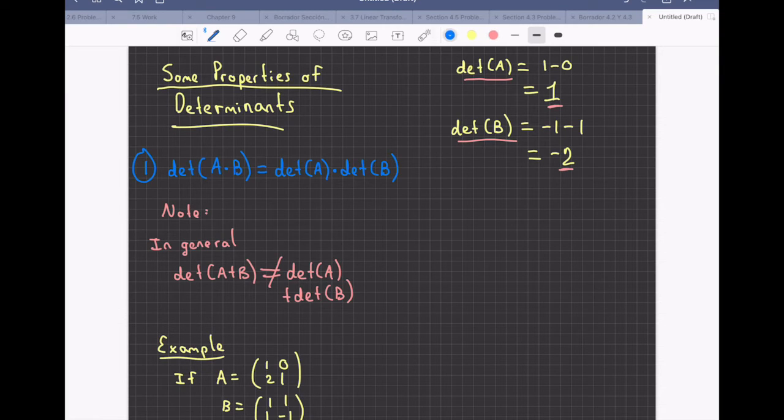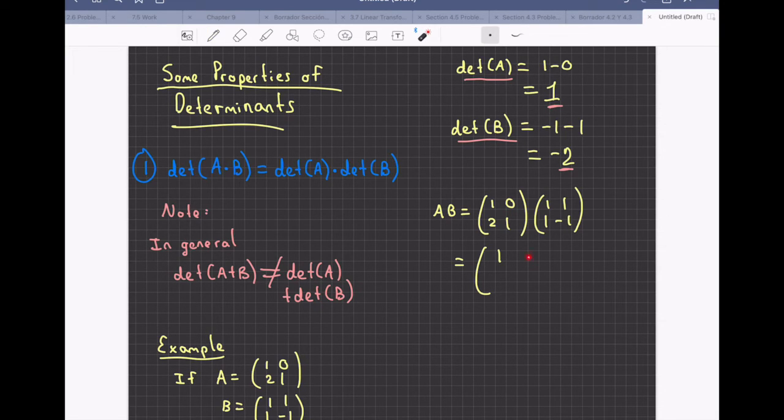Let's find the multiplication of these two matrices. A times B is equal to 1, 0, 2, 1 times 1, 1, 1, negative 1. Row 1, column 1: 1 times 1 is 1, plus 0 times 1, we have 1.